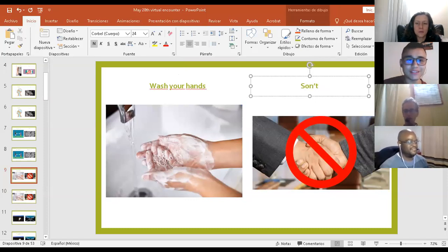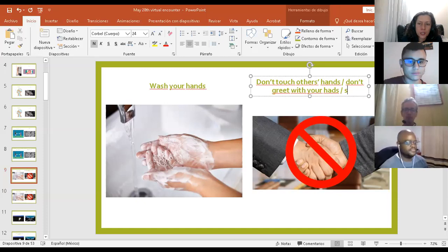Leonardo? Don't catch the hands. Okay, don't touch others' hands. Juan said, don't greet with your hands. The verb is shake hands. So don't shake hands.